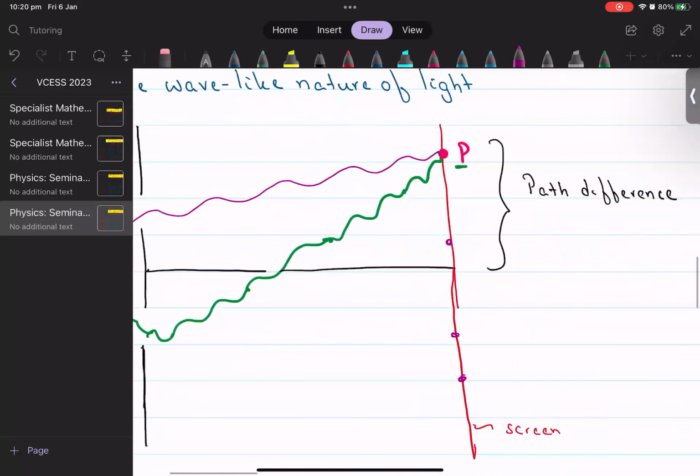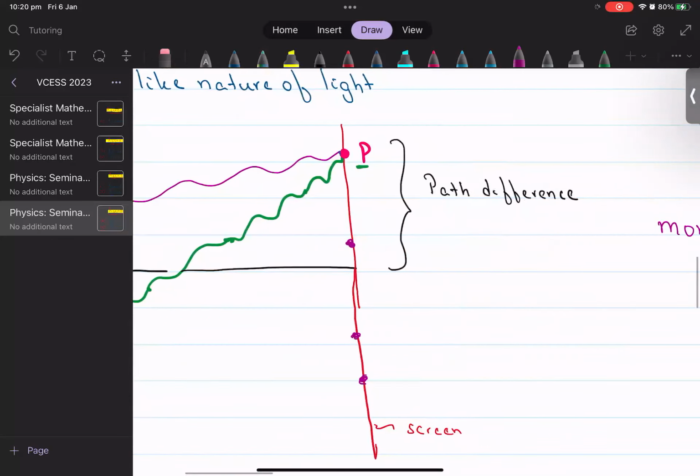I said before that the light waves meet at different points along the screen like this, and depending on where these points are, the two waves either add up, so you can have both of them being in sync with each other.